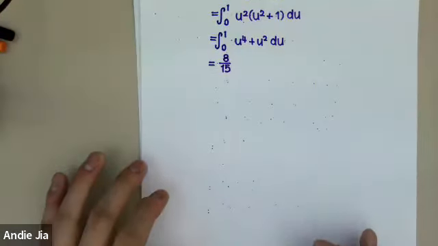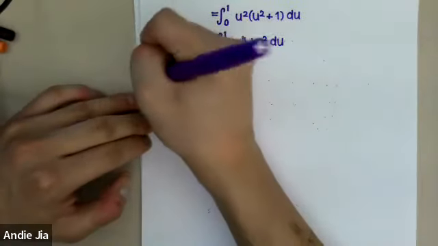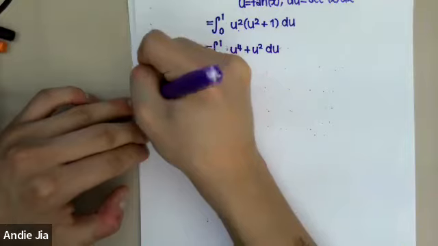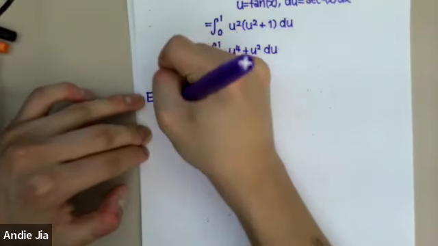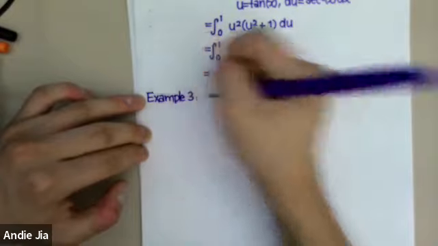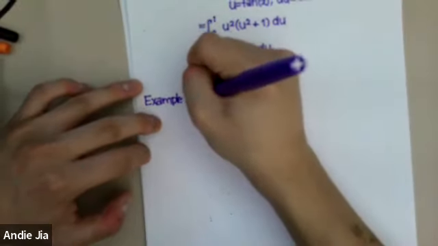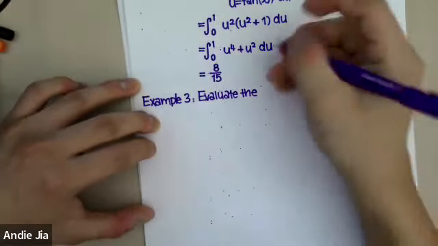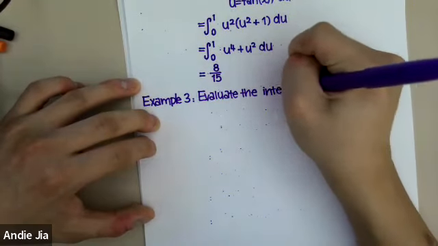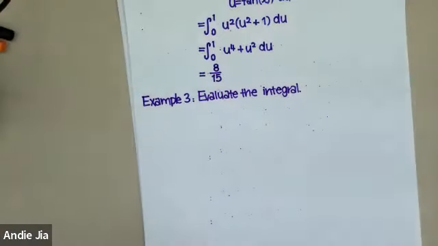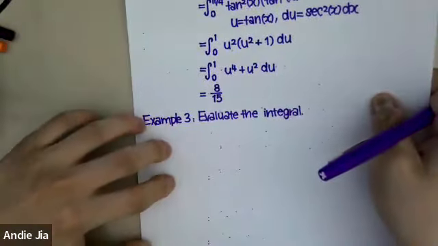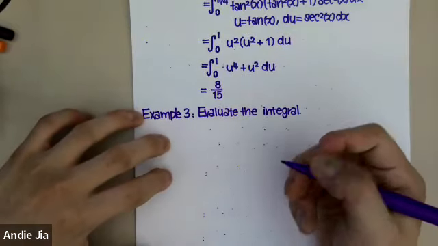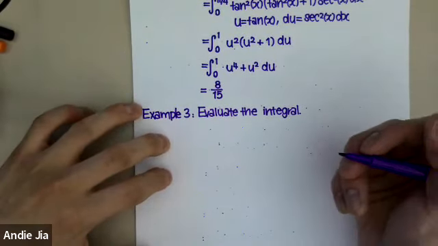Okay, let's try another one, example number 3. Evaluate the integral. This time it's tangent and secant squared, so it's an even power of secant.